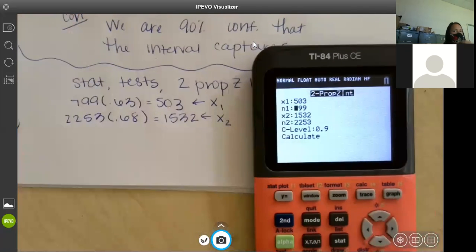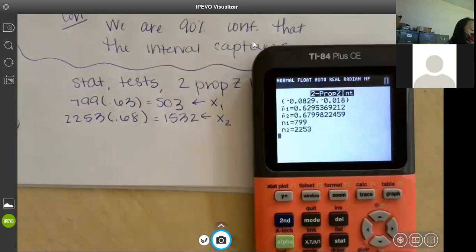So that's where those come from. Our C level, our confidence level, is 90, so 0.9. When you put all of those in, you get your confidence interval. It tells you your P1, your P2, your N1, and your N2. So just so you know how to do it on your calculators if you want to check it out. All right, any questions?